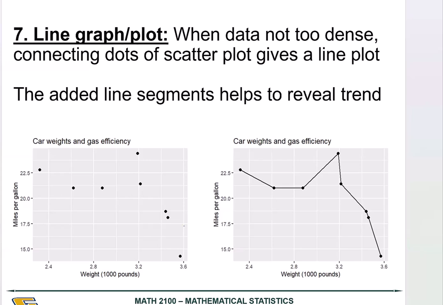So this is a scatter plot on the left-hand side, but if you connect the dots, you can see the trend start to reveal itself: the heavier the car weighs, the lower the gas efficiency, which is also something we expect.